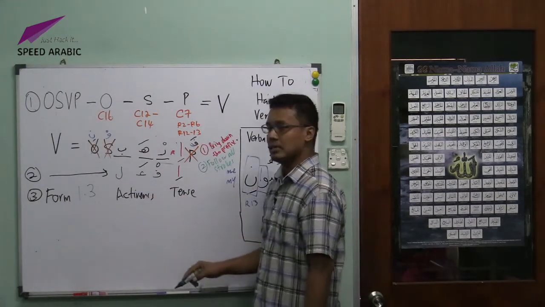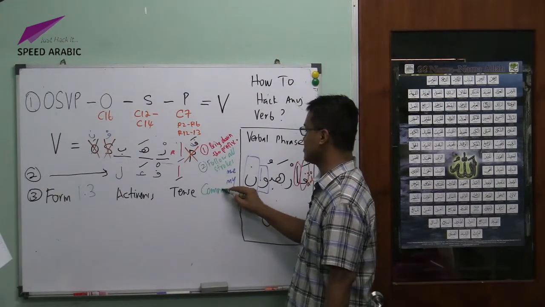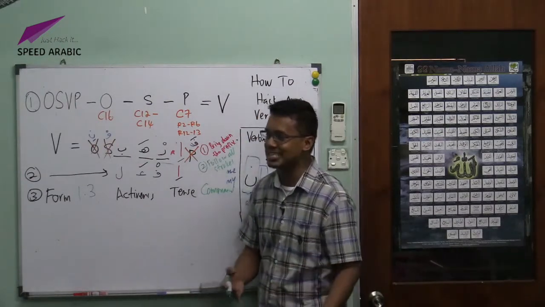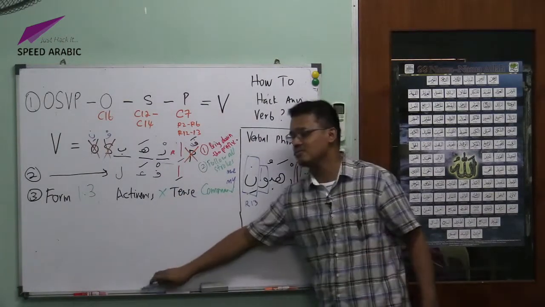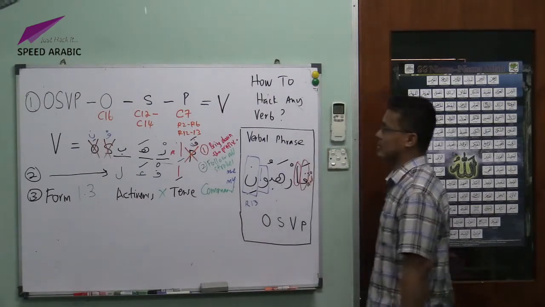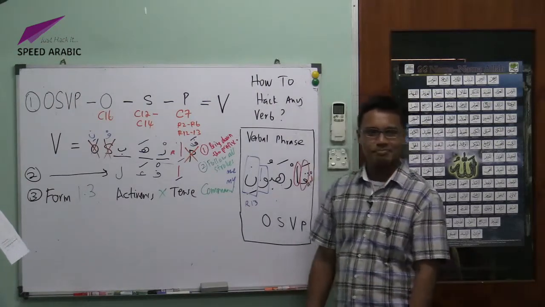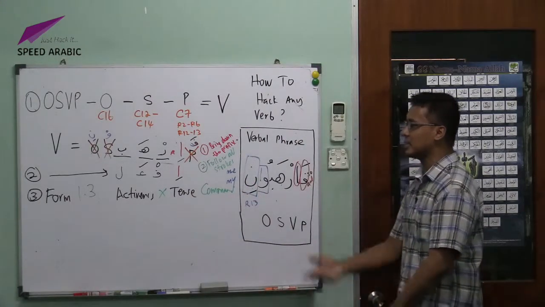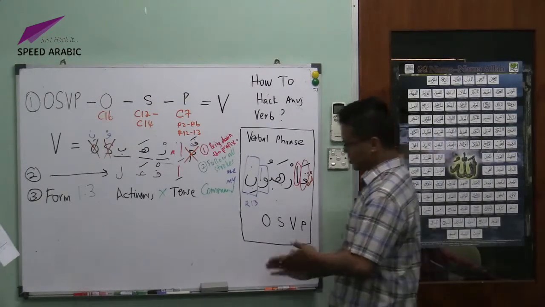Activeness, tense is command, activeness is mutual. Okay, it's not active, it's not passive, it's just mutual. Alright, so there's no activeness there. Actually, it's creative. It's called creative because command is to ask someone, so it's not active, it's creative. So you've got the 3 forms done.